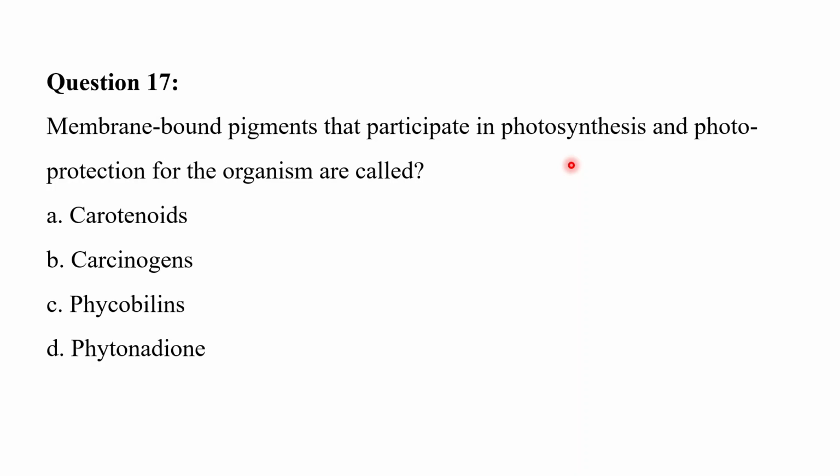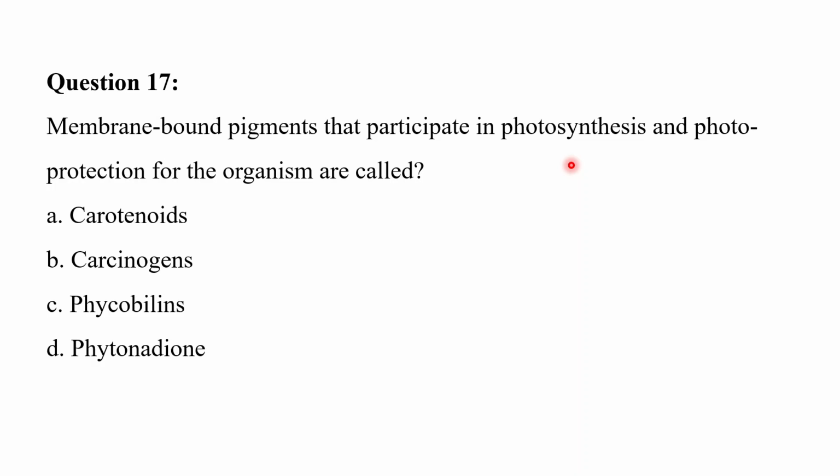So moving to the next question, question number 17. Membrane bound pigments that participate in photosynthesis and photoprotection for the organism are called. What are the membrane bound pigments called that participate in photosynthesis and photoprotection of organisms?